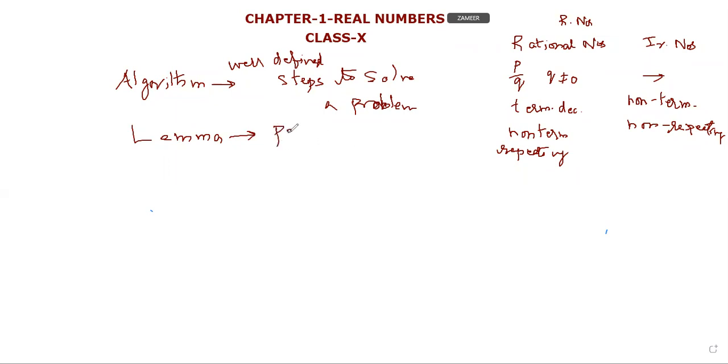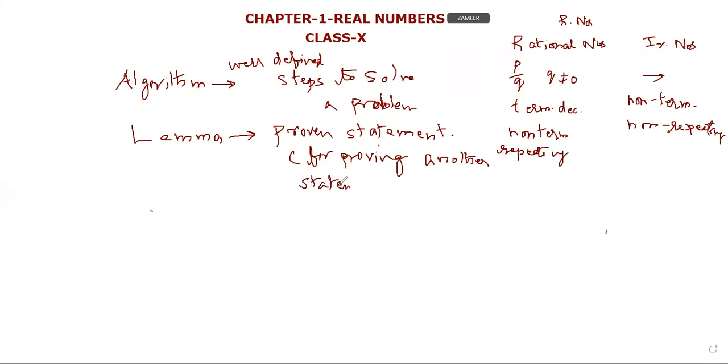If a theorem is given, we are going to prove it. But with a lemma, we are using a proven statement for proving another statement. That is the basic difference between an algorithm and a lemma.